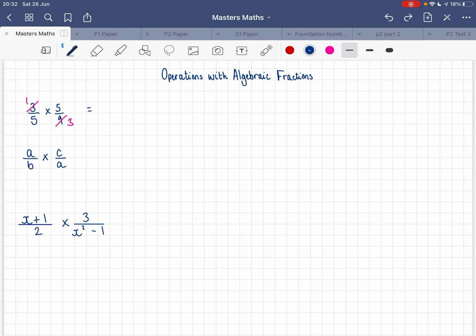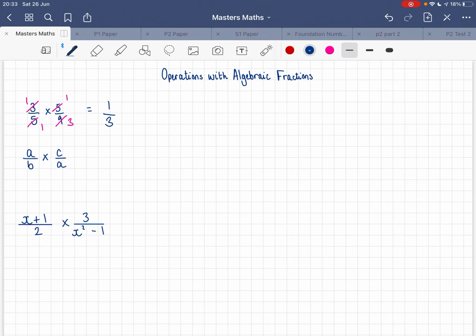We can also simplify the 5 and the 5. They both divide by 5. So now we're doing 1 times 1 is 1, and 1 times 3 is 3. So the answer is a third, and it means we don't have to do any simplifying at the end, because we've done it before we even multiplied. Pre-simplifying, I think that's what it's called.